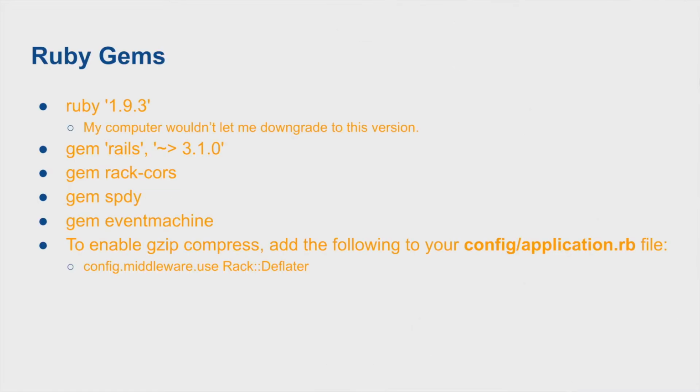Here are the gems that you need to install in your Ruby app, as well as making sure that you have the appropriate Ruby and Rails versions installed. The newer ones apparently have some keywords that the older versions didn't contain.